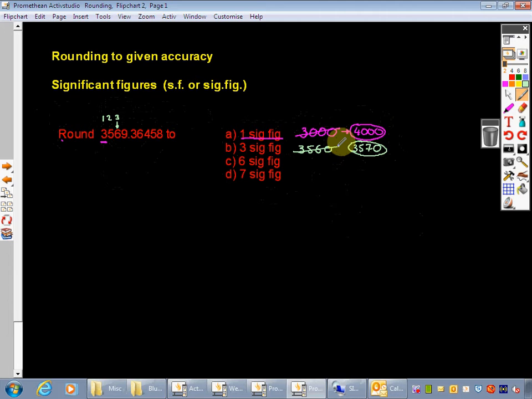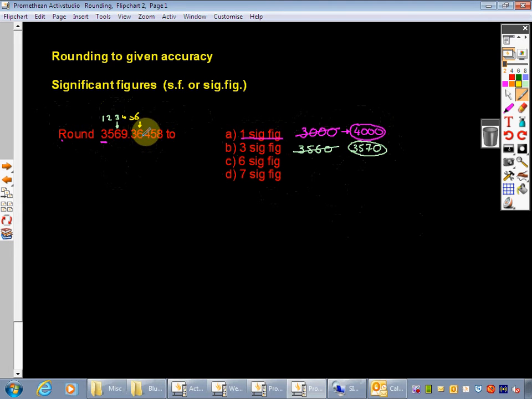6 significant figures. Let's go 1, 2, 3, 4, 5, 6. I'm now looking at this digit here. Right, it's a 6. That's a 4.